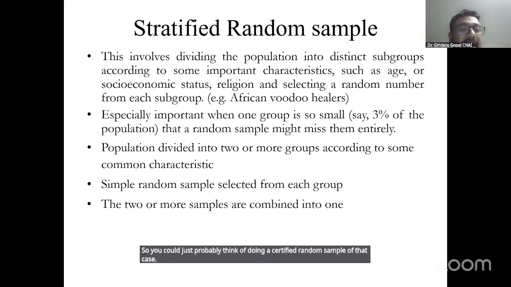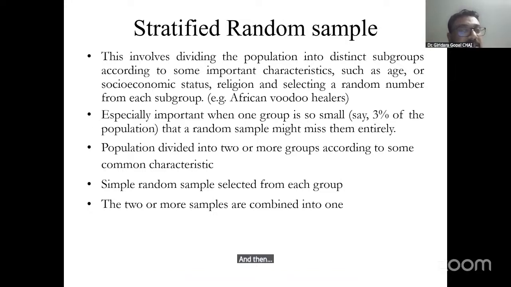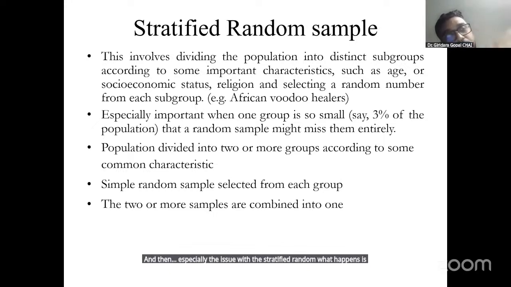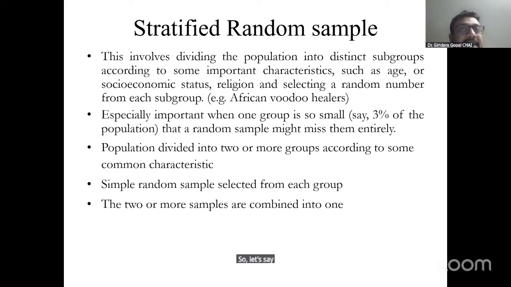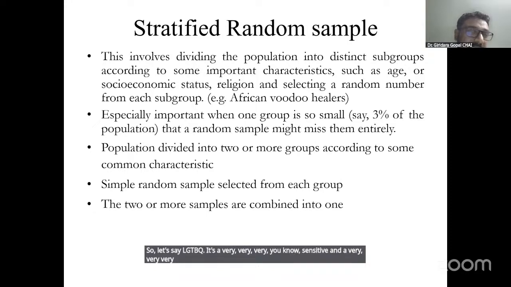Especially the issue with stratified random is that as you keep going from top to bottom, whether it is already being reported or not is a very important question. I'll tell you what I mean by reporting. Let's say LGBTQ is a very sensitive and very stigmatized issue and concept. What if the people don't report it at all?